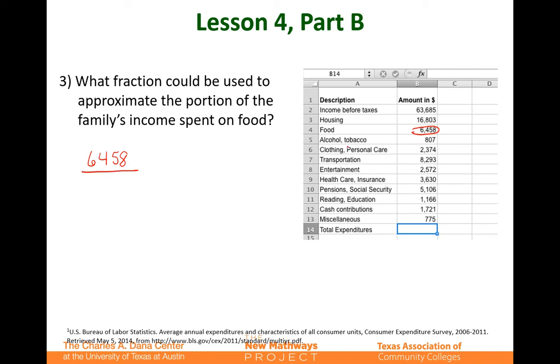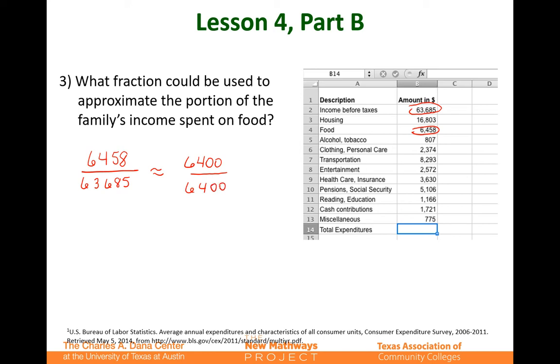Well, how much money? Oh, portion of the family income. What's our income? There's our income: 63,685. Notice if I round those to the nearest hundred or so, that's 6,400 or 6,500, and this is about 64,000.